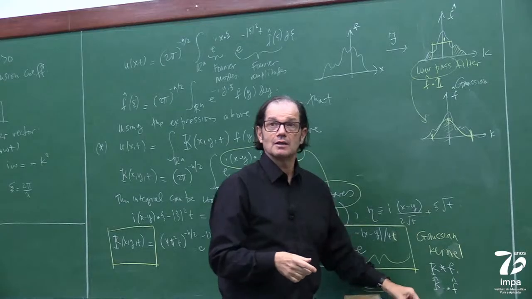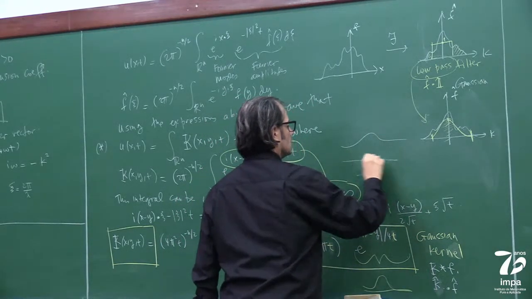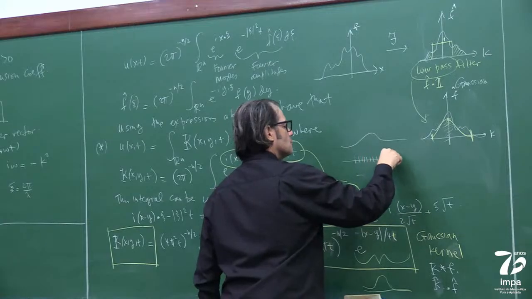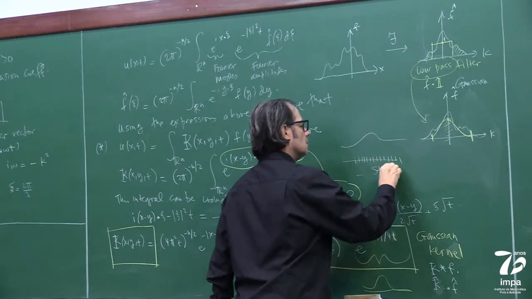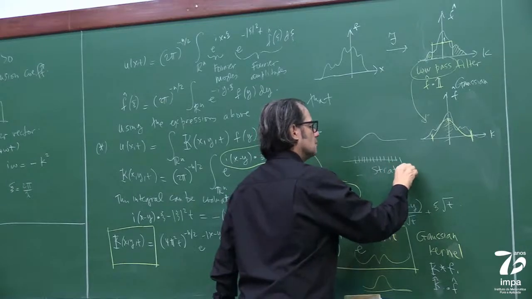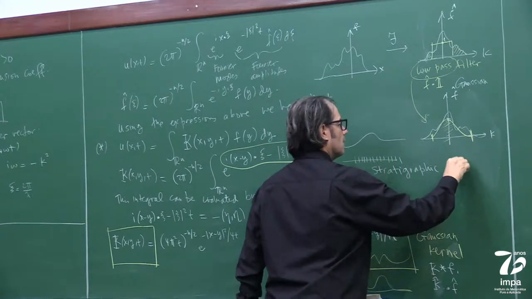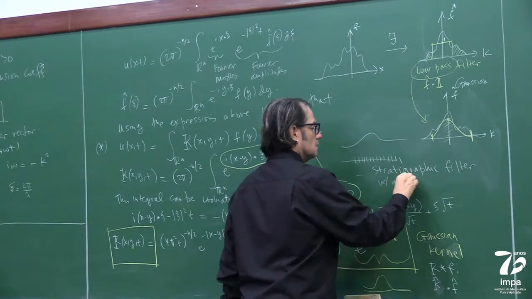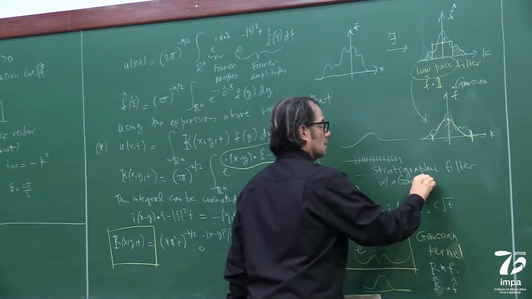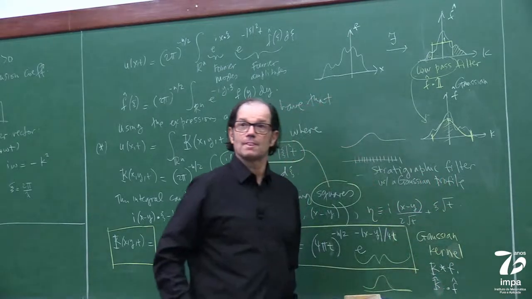So that's why this problem of the wave that I just erased like this over the layers, the random layers, right, was called a stratigraphic filter with a Gaussian profile.